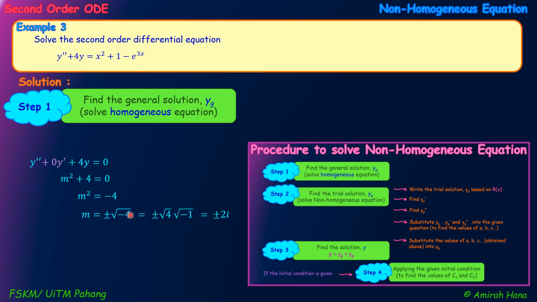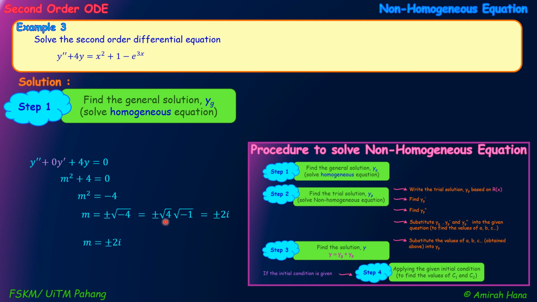We split the square root of negative 4 into the square root of positive 4 times the square root of negative 1. The square root of 4 is a perfect square, so we write 2 here, and the square root of negative 1 equals i, the imaginary number.